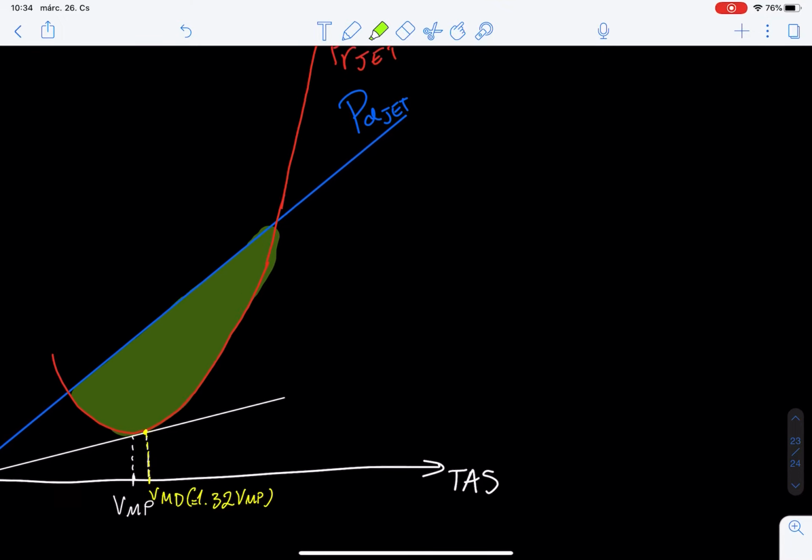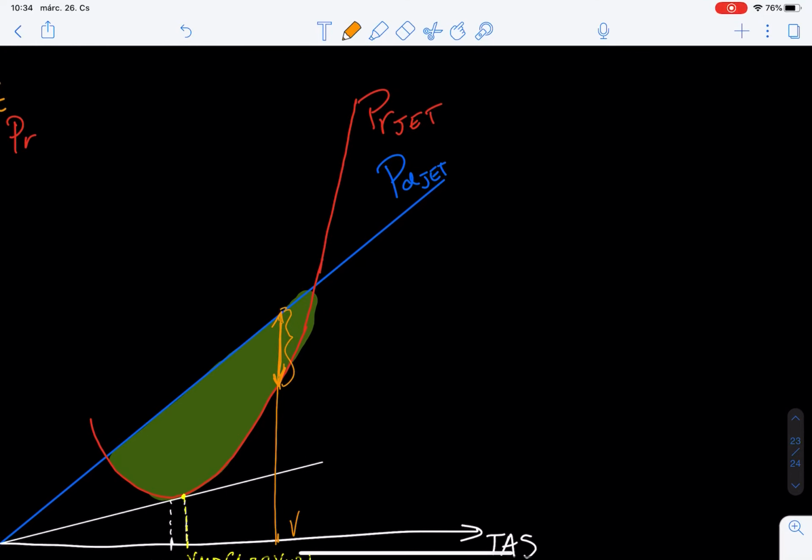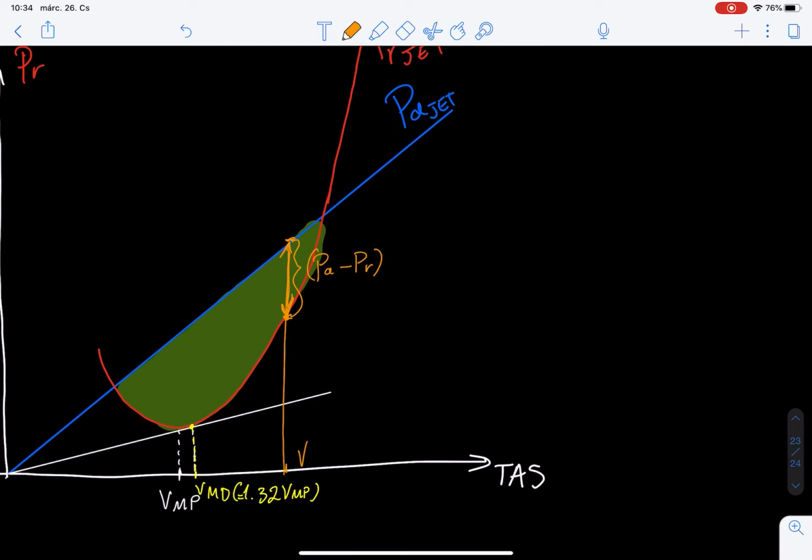So this is the area, and the excess power available at any given velocity or speed is this expression right here, right? So at this velocity, this would be my excess power available, because it's the power available minus the power required. So power available minus power required at a given speed.